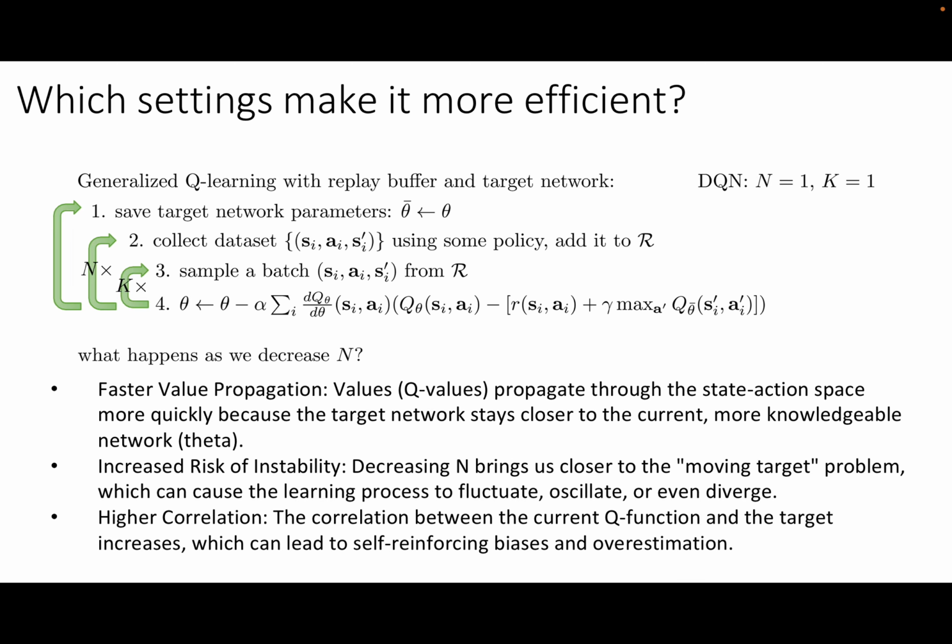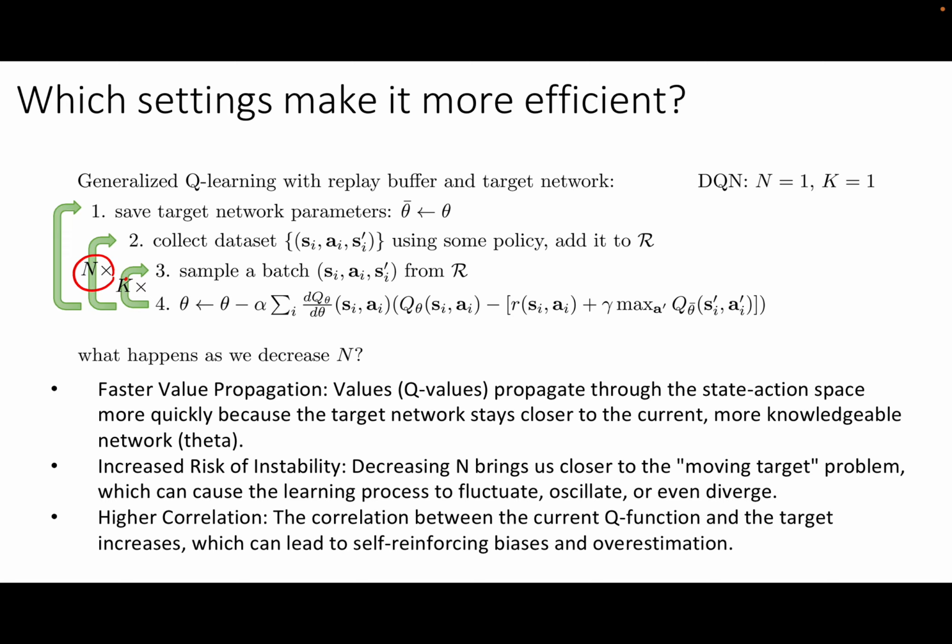Next question: what happens with decreased N? N is here, right? What happens with decreased N? Faster value propagation. We learned in the previous slide that introducing a dedicated target network makes training stable, but at the same time training becomes slower. But what if we decrease N? An extreme case is N equals 1. Q values propagate through the state-action space more quickly because target networks stay close to the current, more knowledgeable network theta.